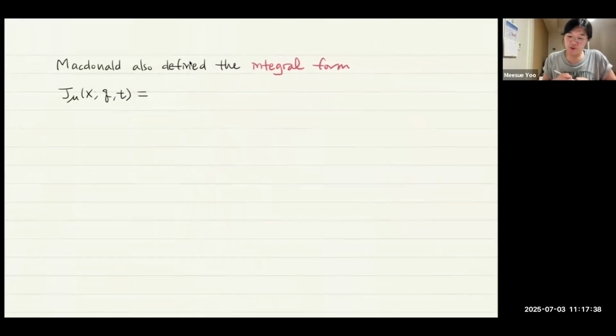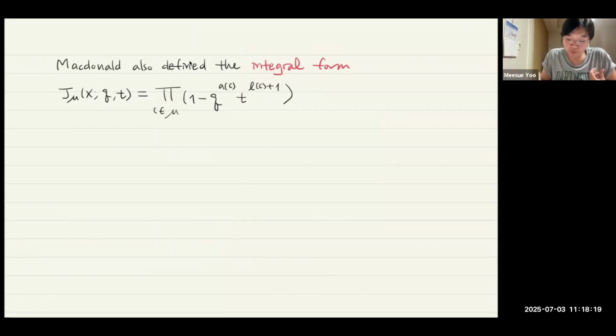Upon the introduction, McDonald also defined the integral form McDonald polynomials. If you consider the McDonald polynomials in terms of the monomials, the coefficients are not polynomials but rational functions. The integral form is defined such that the monomial coefficients become Q,T positive. To do that, we multiply the original McDonald polynomials by the product of 1 minus Q to the arm times T to the leg plus 1, over all the cells in the partition shape mu.